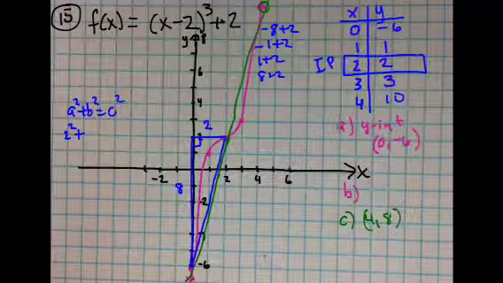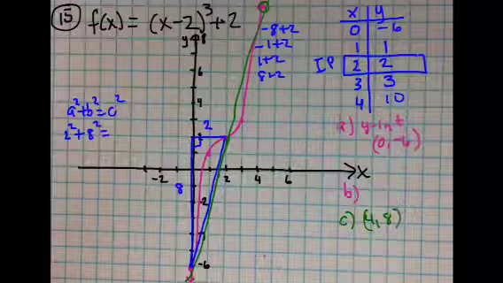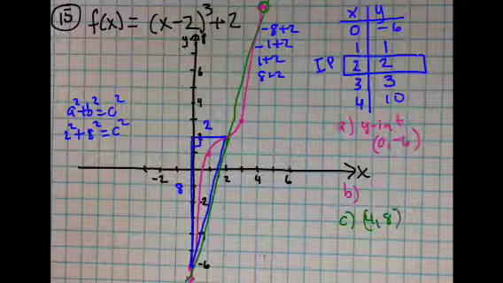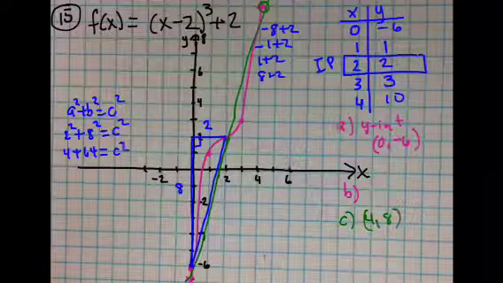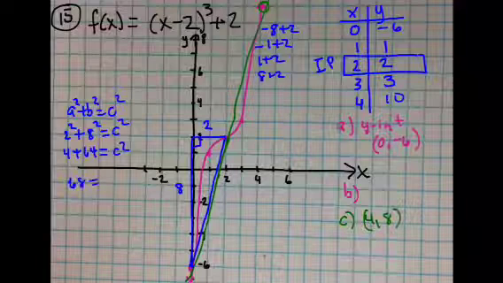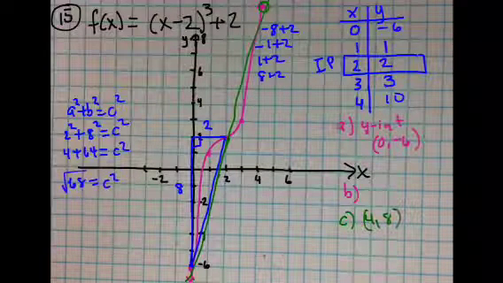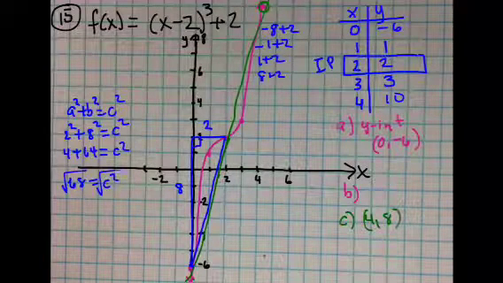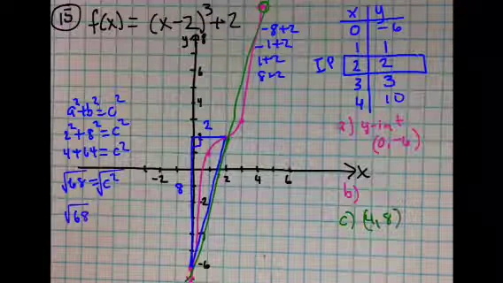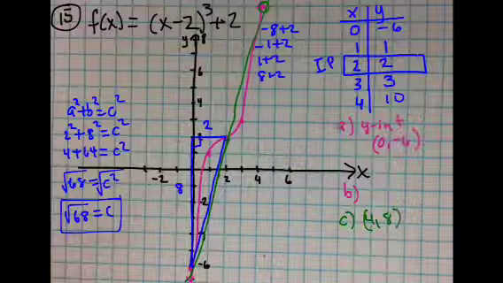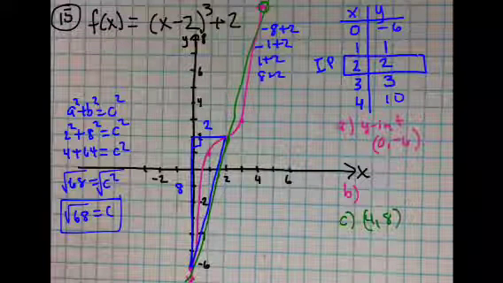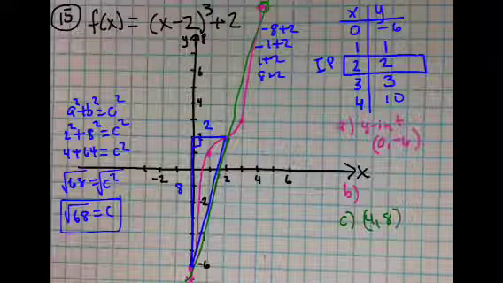B is 8 squared, and that gives me c squared. So 4 plus 64 is c squared. 68 is c squared. So we're going to take the square root of both sides. So square root of 68 equals c. So that's the distance from the inflection point to the point 0, negative 6.